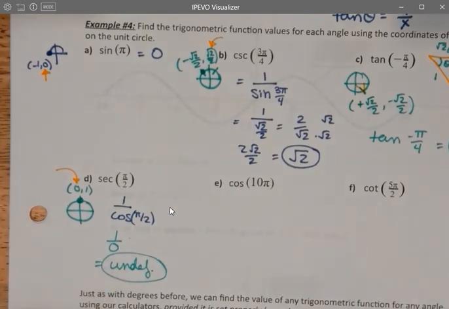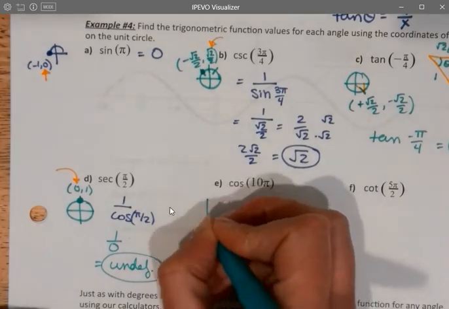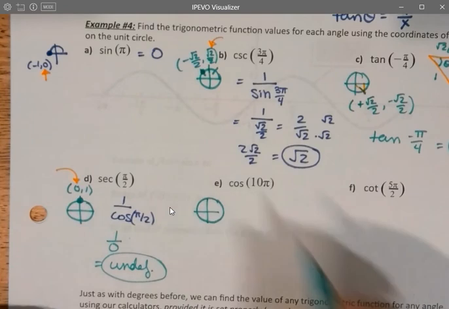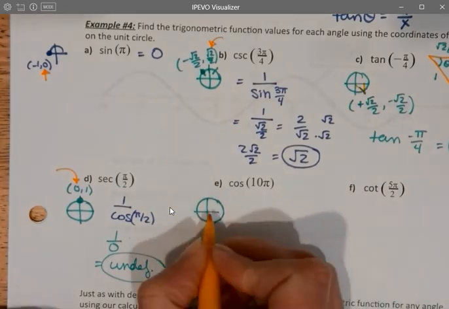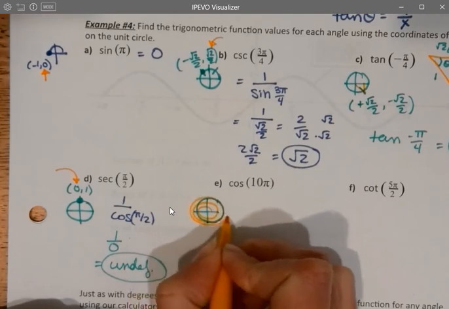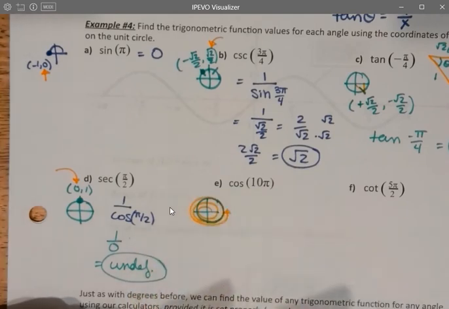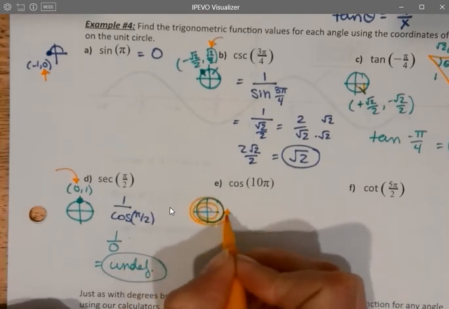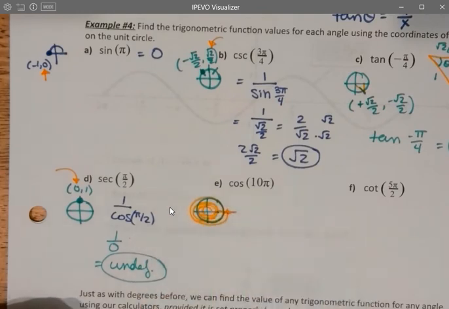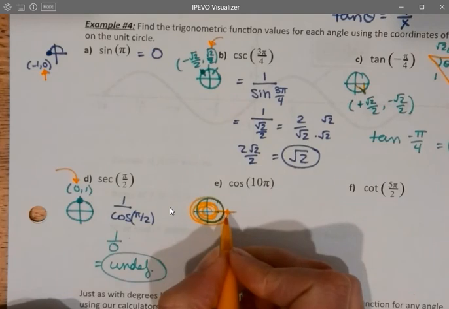Okay, the cosine of 10 pi. 10 pi is not labeled on the unit circle, so I need to draw it. We go around 1, 2, 3, 4, 5, 6. Pretend I drew a whole lot of times. 7, 8, 9, 10. It's even, so it's going to add a couple circles, spinning all the way around. It's going to come back where 0 and 2 pi are.